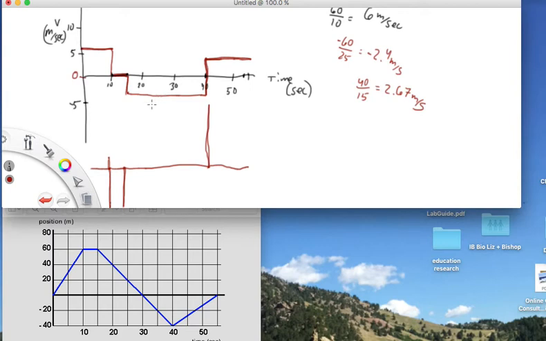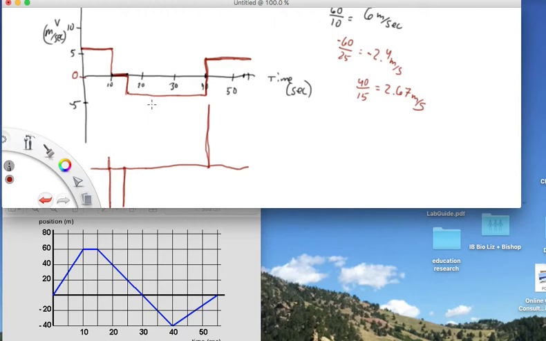Okay, so let me just put this in a couple ways. First of all, the change of the position versus time graph is a velocity versus time graph. And now, the change of a velocity versus time graph is just the acceleration versus time graph.